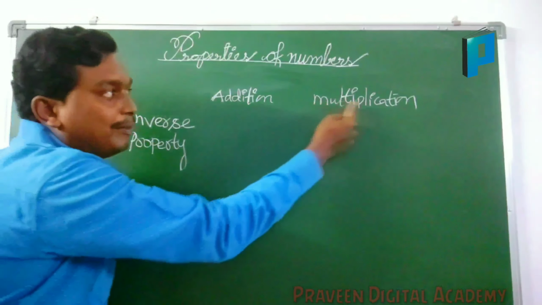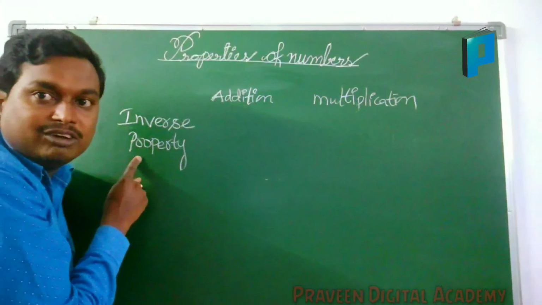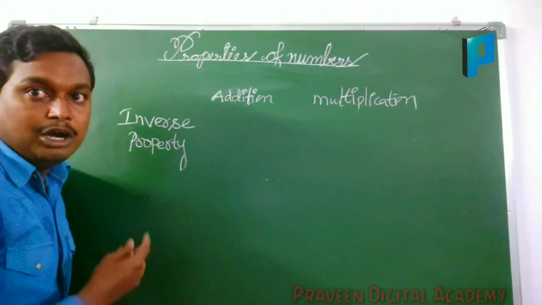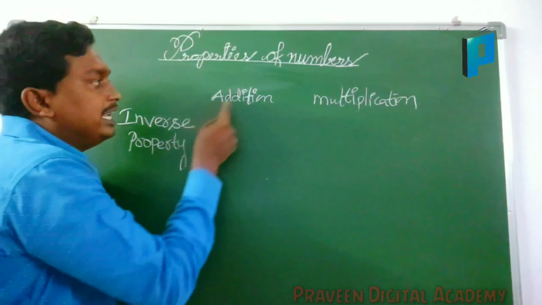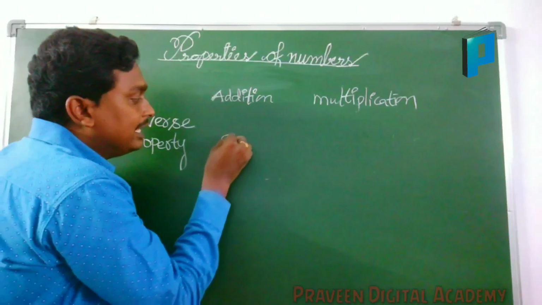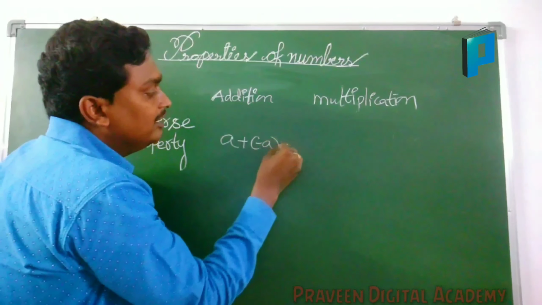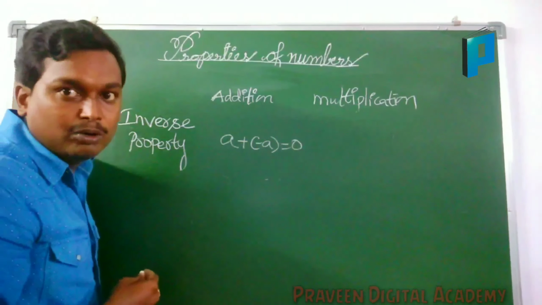Inverse property under multiplication or multiplicative inverse, both are the same. Now, the inverse property under addition is a plus of minus a is equal to 0.